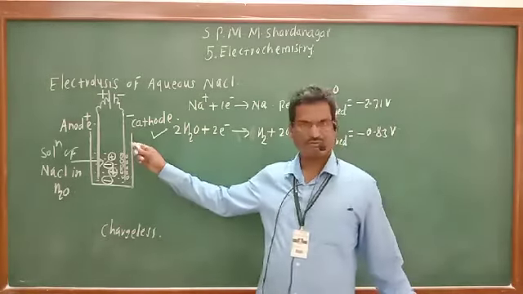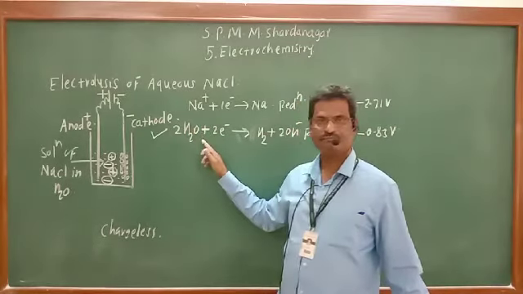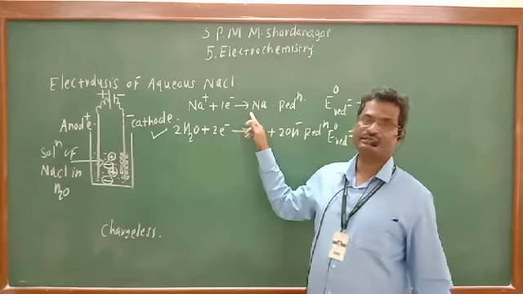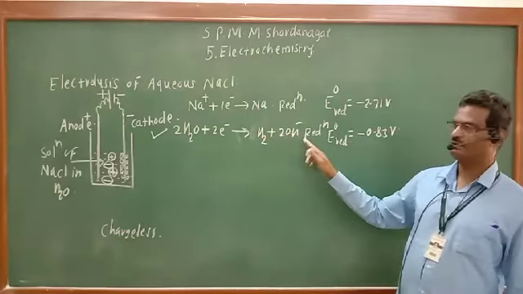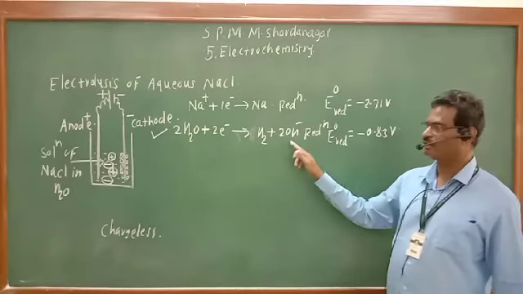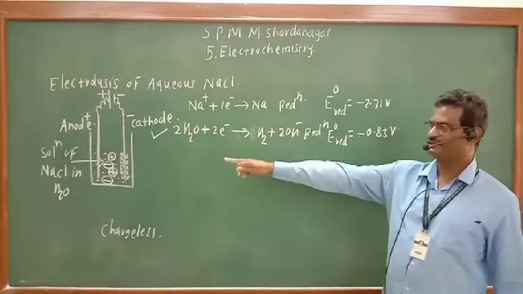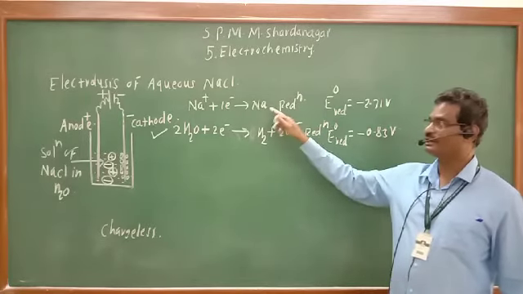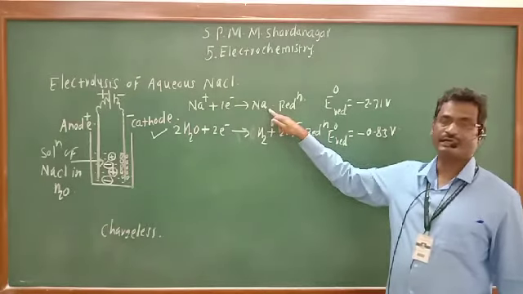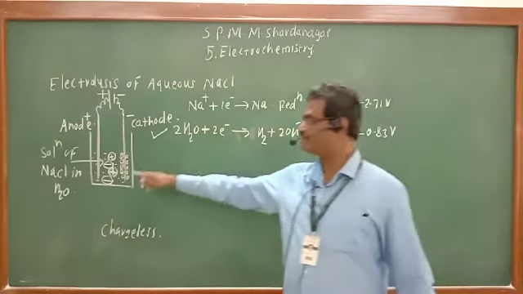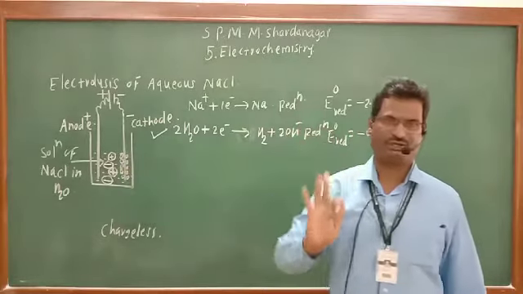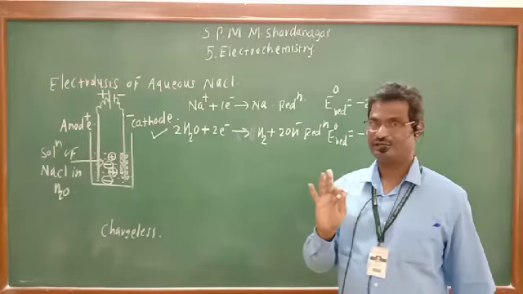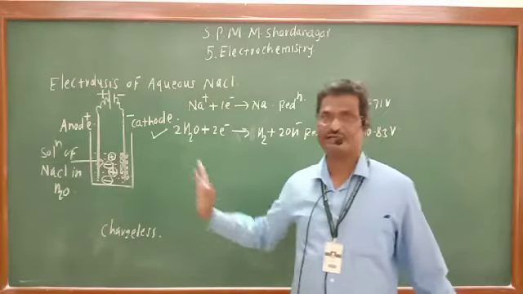In the competition between sodium and water, we have seen that sodium has less reduction potential as compared with water. Therefore, water undergoes reduction and hydrogen gas is evolved at the cathode. Sodium is not evolved at the cathode. Na+ ions are not undergoing reduction and remain in the solution itself.